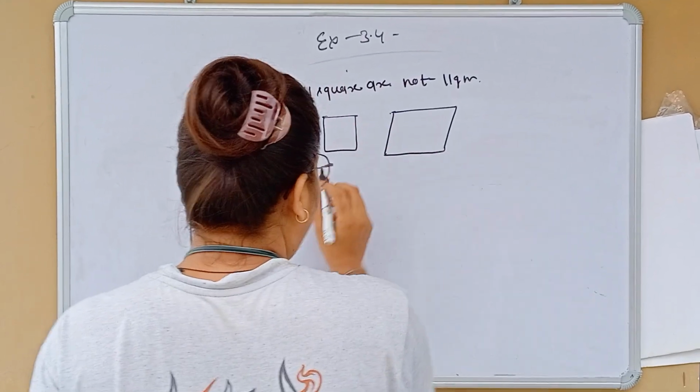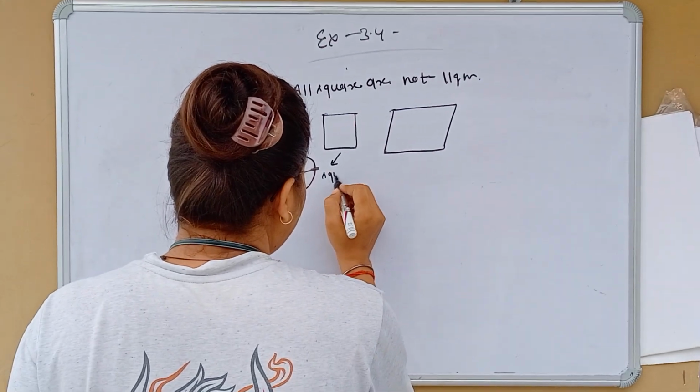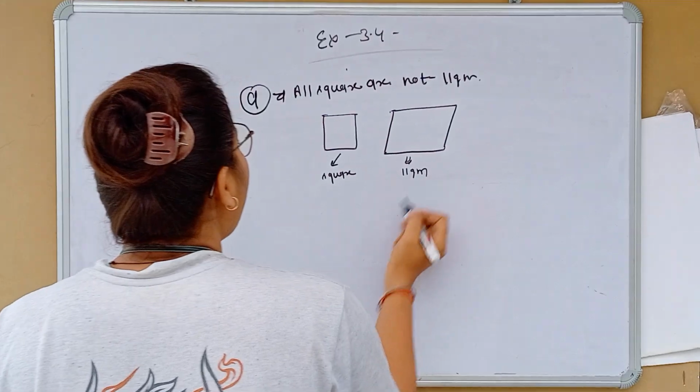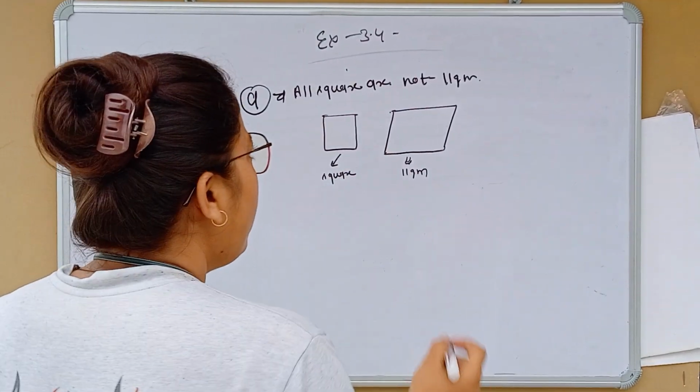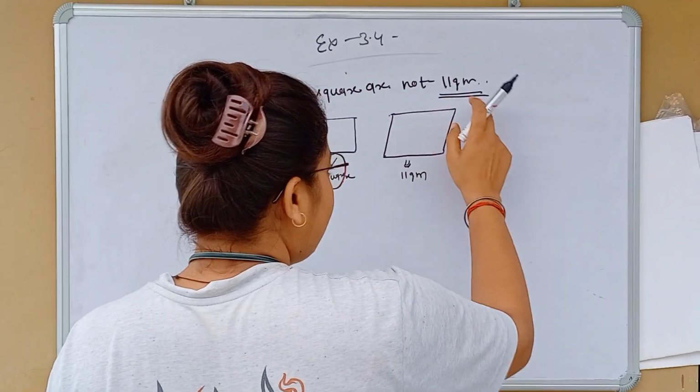Okay. So here I make a square and a parallelogram. Here is the square and here is the parallelogram. So what is the parallelogram property? In a parallelogram, opposite sides are equal. In a square, all sides are equal. That means every square is a parallelogram.